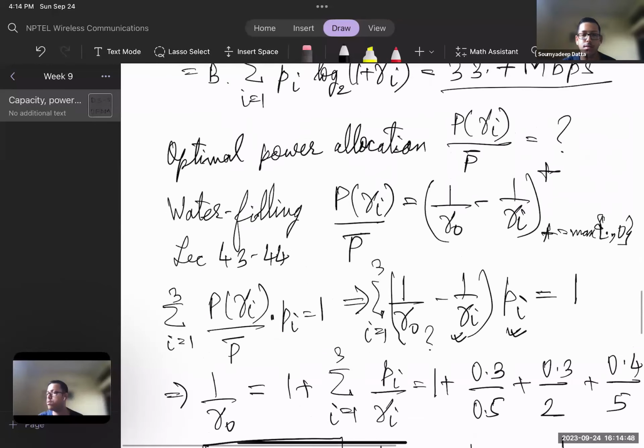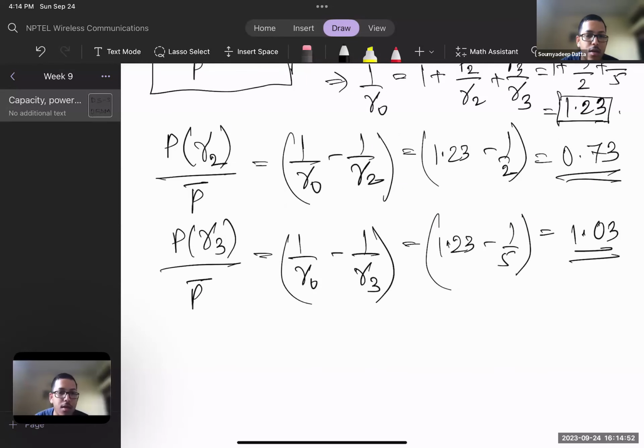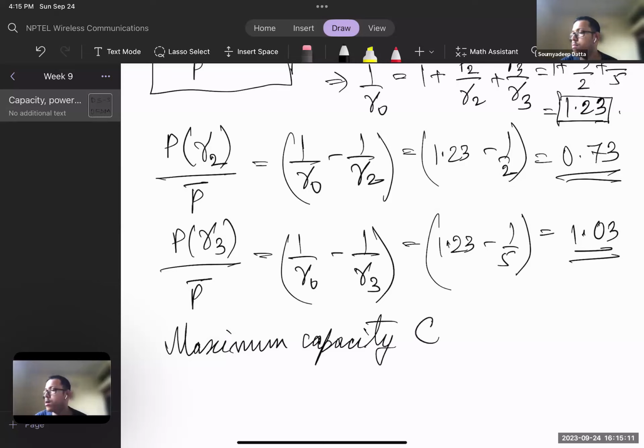Now you are asked what is the maximum capacity that you can achieve.